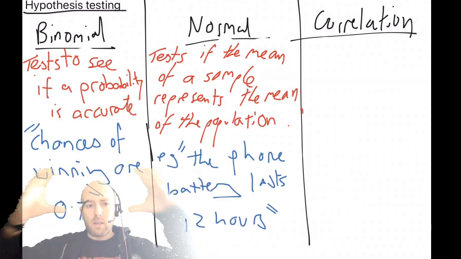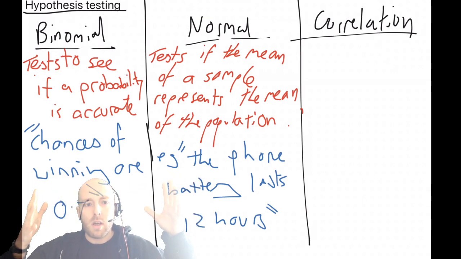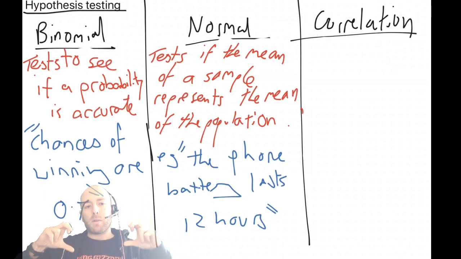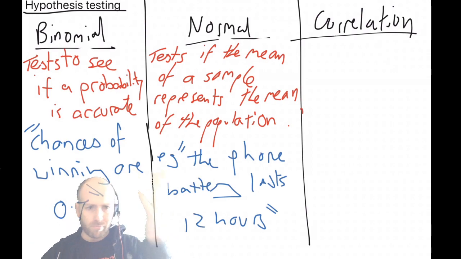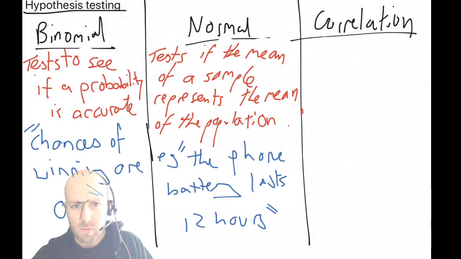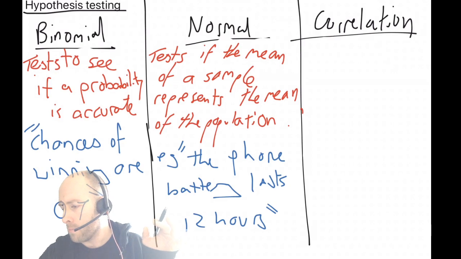So they've gone, okay, here's my phone. What's the mean of it? Cool, 12 hours, good. We could test that. We could take a sample. We could get some phones. We could work out the mean battery life and say, okay, our mean's different to your mean. Is that likely given the distribution we're dealing with? So that's what we're going to be looking at today and Friday tomorrow as well.